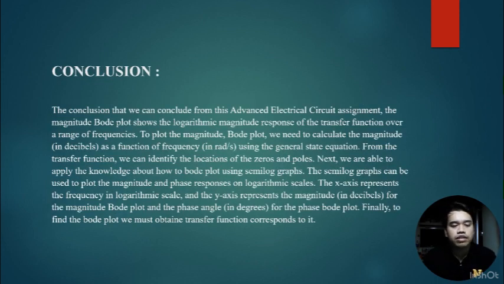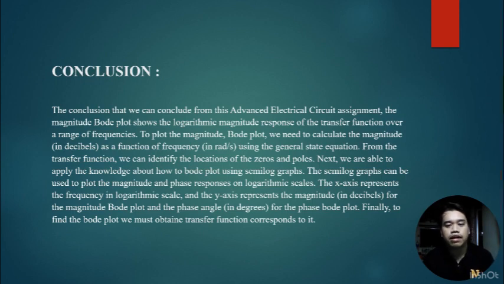Finally, the conclusion we can draw from this advanced electrical circuit assignment is that the magnitude Bode plot shows the logarithmic magnitude response of the transfer function over a range of frequencies. To plot the magnitude Bode plot, we need to calculate the magnitude in decibels as a function of frequency in radians. Using the general standard equation from the transfer function, we can identify the locations of the zeros and poles.